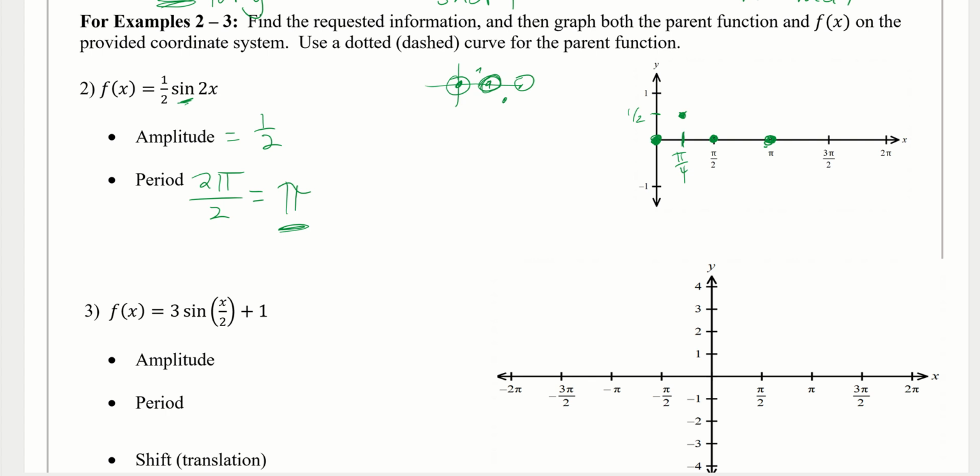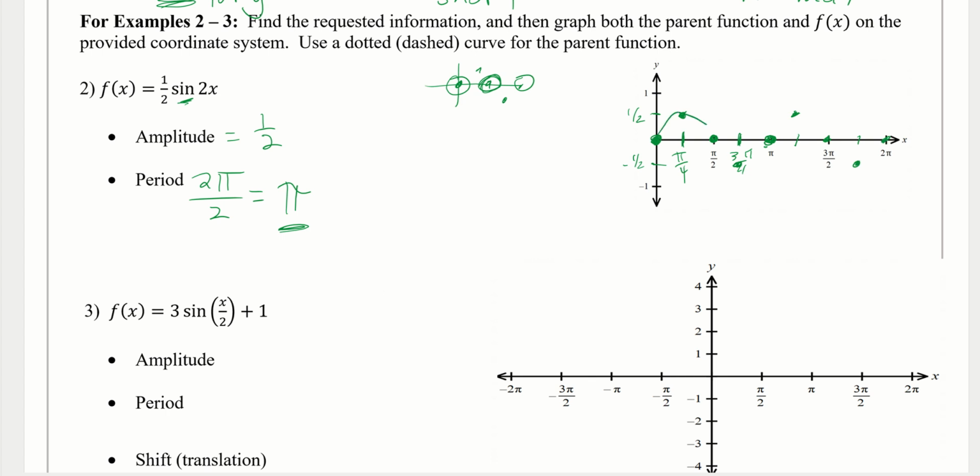Then the next one is going to be right in between these 2, and that's going to be 3 pi over 4. The amplitude in this case is -1/2. So I know the pattern of center, up, center, down, center. And that's just going to repeat itself now. Halfway is going to be up, this one's back down, halfway is going to be back down and back there.